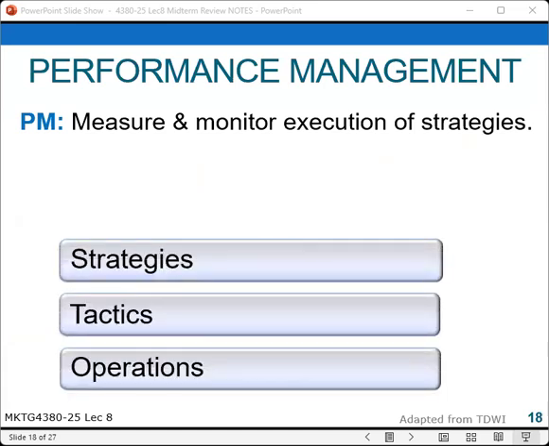Remember, our business process involves our strategies. What are we doing? What are we trying to achieve? Then our tactics. What are the actions we need to take in order to achieve those strategic goals? And then what are the day-to-day operations that need to occur? And how can they be most efficient?